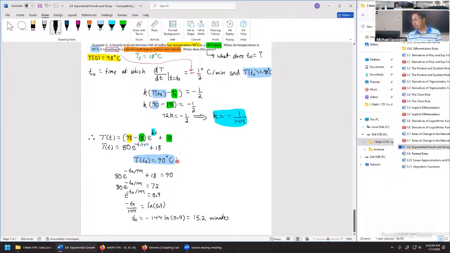We found that the temperature at 90 degrees occurs at T naught, 15.2 minutes after it was put into that 18 degree Celsius room. So it took about 15 minutes, a little bit more, to drop 8 degrees Celsius altogether.